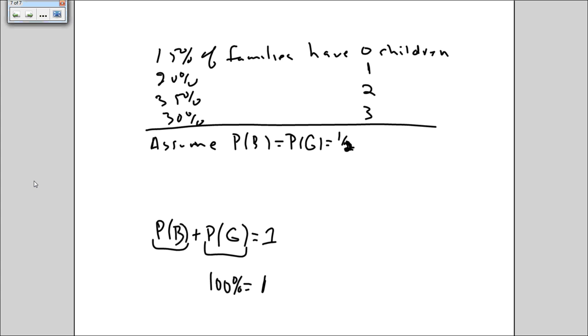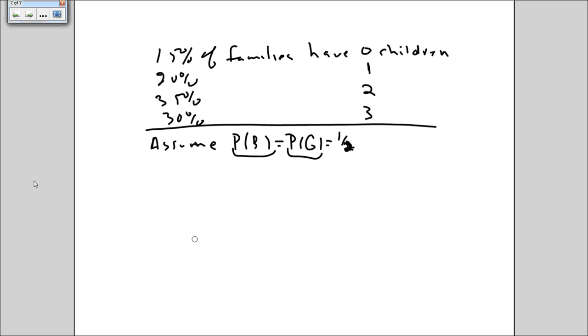100% is 1. Since I'm telling you that these two quantities are equal, they can't be a third, because when you add a third to a third, you get 2/3. It's not 1. It can't be a quarter. You have two numbers that are the same that add up to 1. Those numbers are a half.